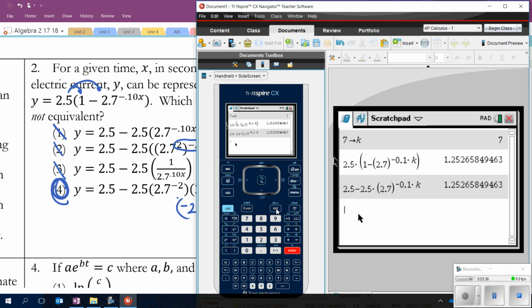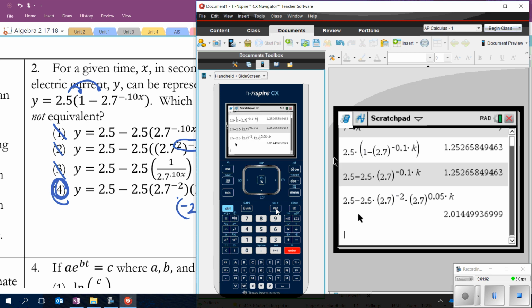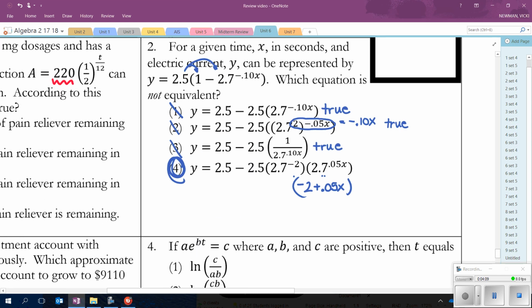Same, right? So I would go through all the choices. So choice 4, 2.5 minus 2.5, 2.7 to the negative 2 times 2.7 to the, oh, that's still in the exponent, sorry, times 2.7, sorry, I'm a little slow, 0.05, okay? Not the same. So just deciding if they're equivalent. You can always do that too. All right, that's what I would do if I were you.